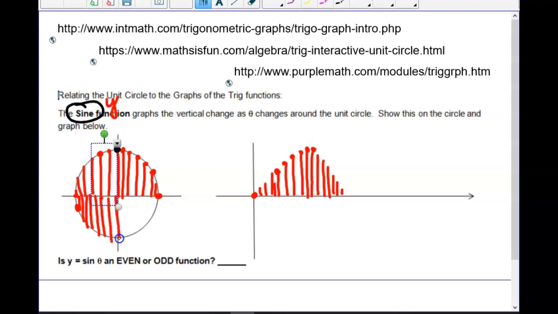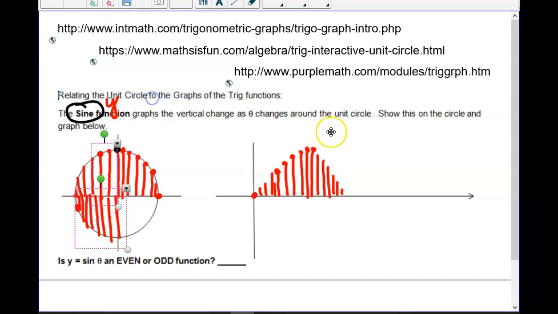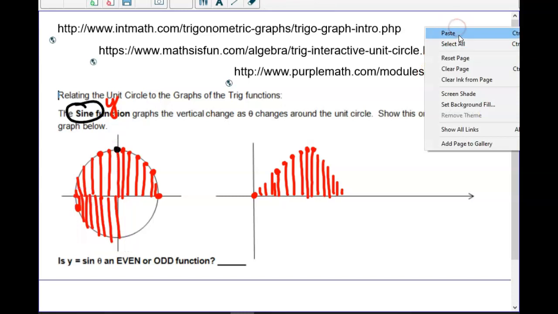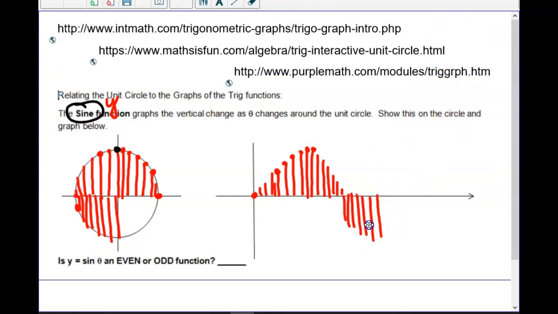The y's are down, so they're negative. Is anybody awake out there? Okay. So all of those, we're getting more and more negative.